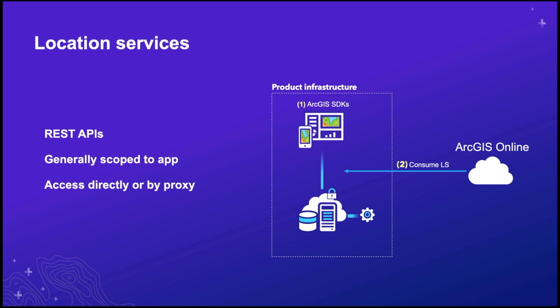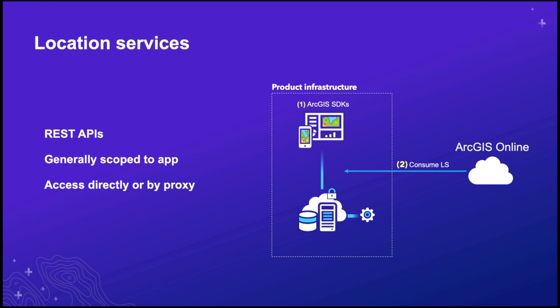You have your product stack, your back-end server infrastructure, your front-end client applications, and you can use the ArcGIS SDKs to add mapping capabilities into those end user applications, whether that's to draw a map or maybe add some interactive data-driven exploration. And then optionally, those ArcGIS SDKs can also call out to those services that are hosted in ArcGIS Online.